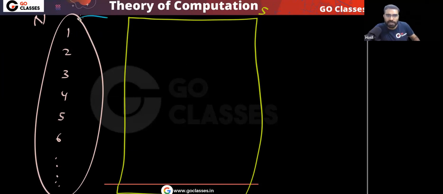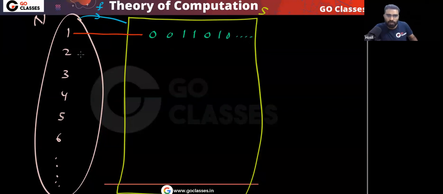I'm taking an arbitrary bijection from N to S. So 1 will map to some element of S. Let's assume 1 is mapping to this element.